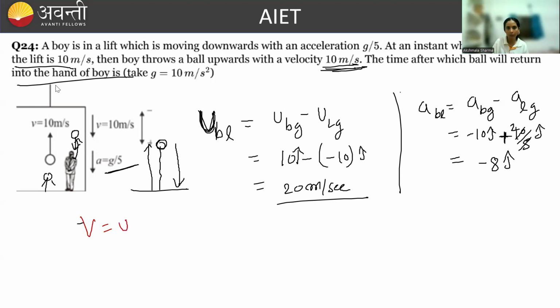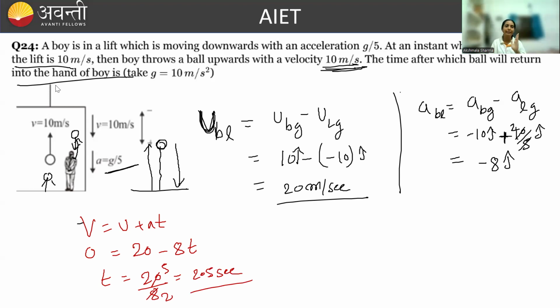So let's use V equal to U plus at. So this is 0. Initial speed is how much? 20 in the upward sense. This is minus 8t. ठीक है? So time is equal to how much? 20 by 8. ठीक है? So if you solve this, it is 2.5 second. So 2.5 second it is taking in going down, sorry, going up.